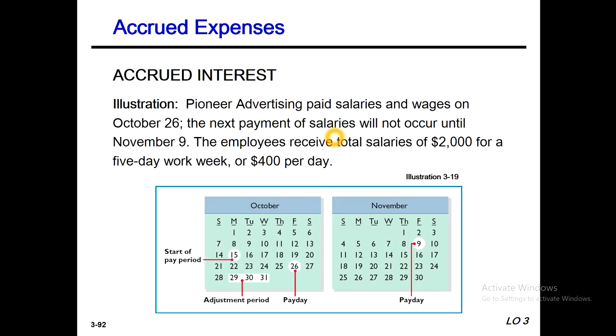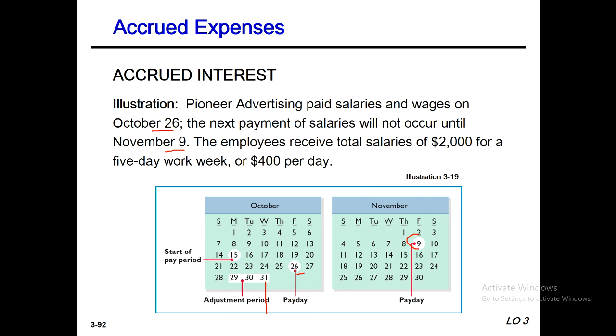Now the trial balance, and this is another example. Please look here, this is our salary, that means salary and wages. On October 26 we have paid, and the next payment date is November 9. But we are preparing our financial statements here on 31st October. So we need these 3 days of salary as our due salary.